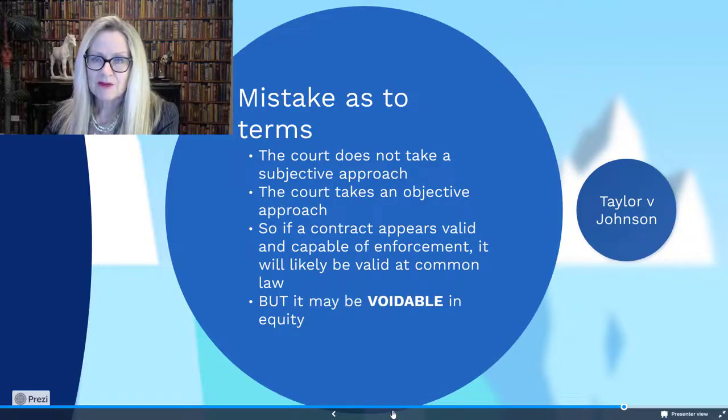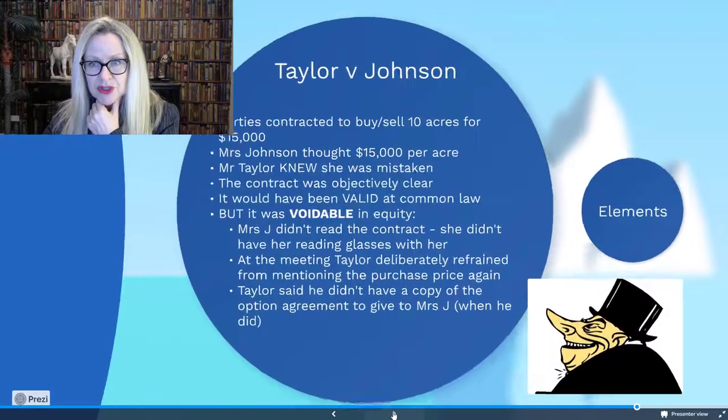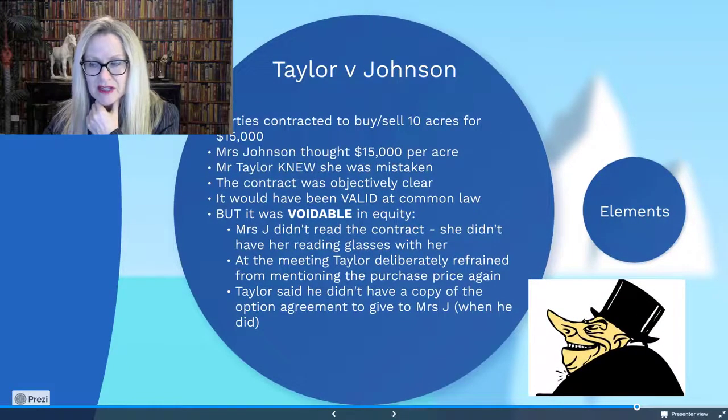So if it looks like a contract has been outwardly formed and the court can interpret it such that it functions okay, it will likely be valid at common law. However, there is this hanging question mark about whether or not it could be voidable in equity. And Taylor and Johnson was the case here.